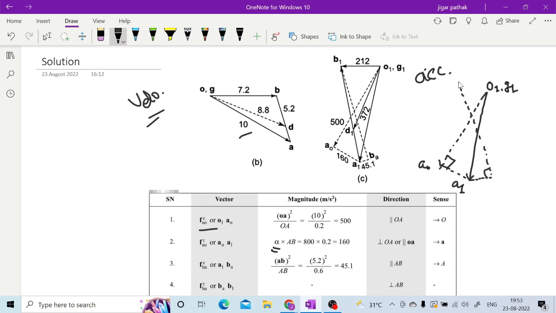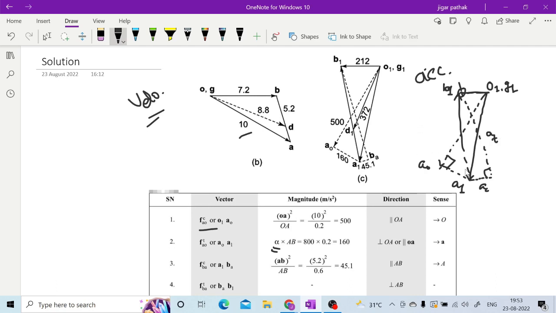Here this tangential acceleration's magnitude is not there, but you can have again the acceleration of B with respect to this fixed link which is in the horizontal direction. So this particular intersection will give you this point, and once you have that point, then from this you can have this final E1 B1 also, because here it is the centripetal component, here it will be the tangential component, right?